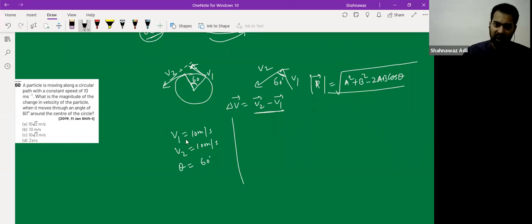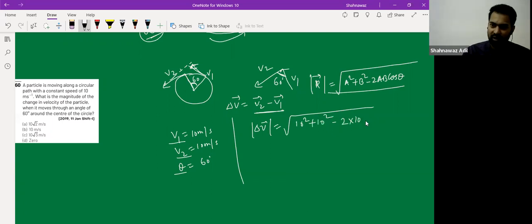So we just have to put in the values. The magnitudes are given, the angle is given. So delta v magnitude will be 10 square plus 10 square minus 2 times 10 times 10 times cos 60.